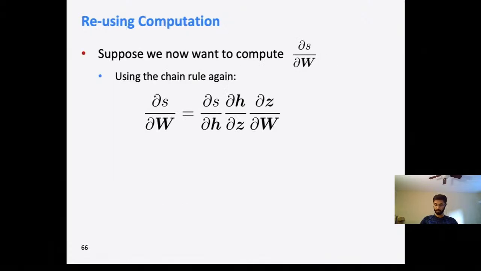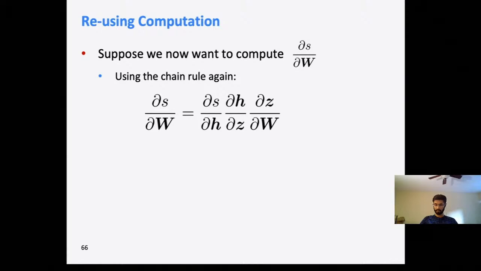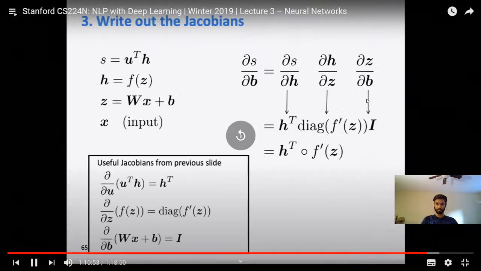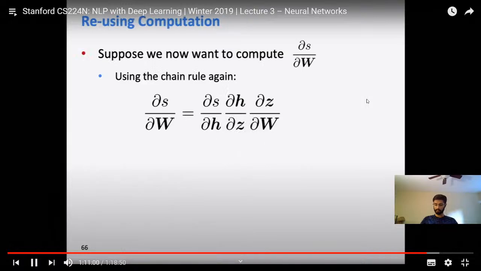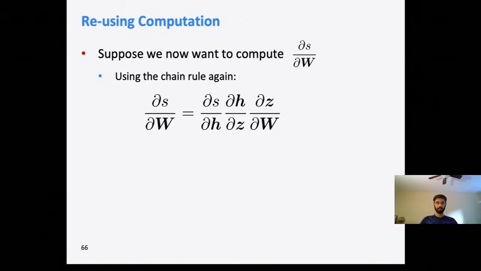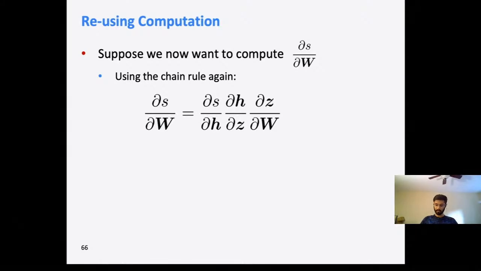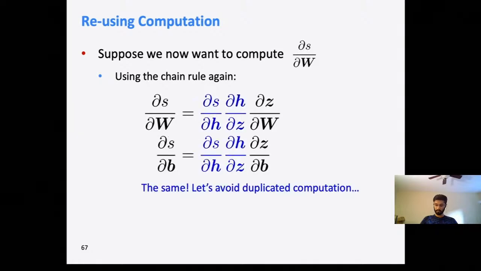Okay, suppose we then want to go on and compute now the partial of s with respect to w. Well, our starting off point is exactly the same chain rule that we work out each of the stages.